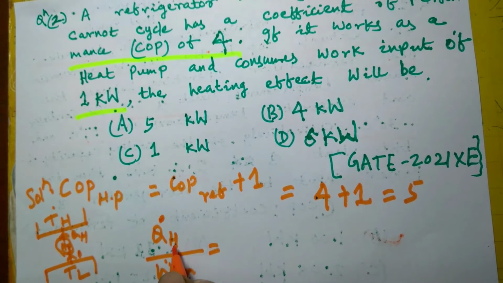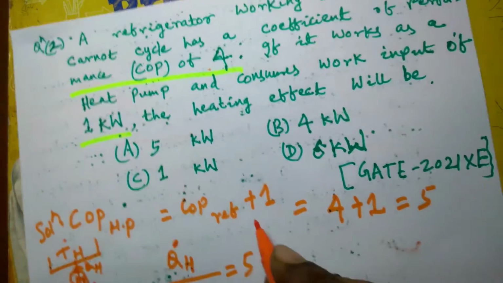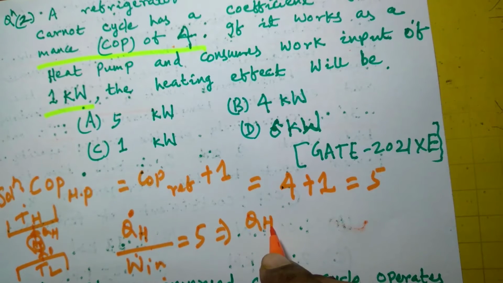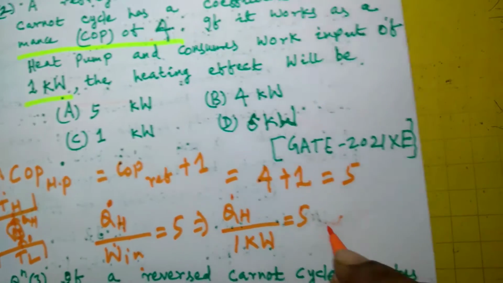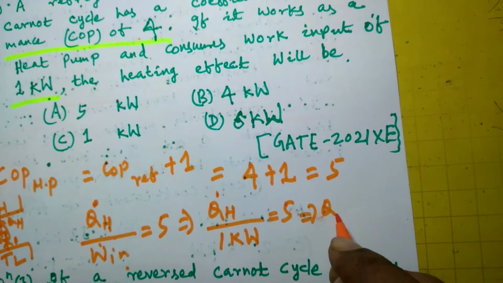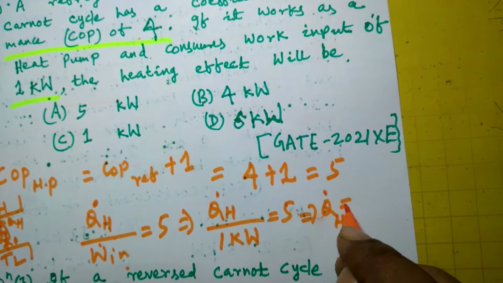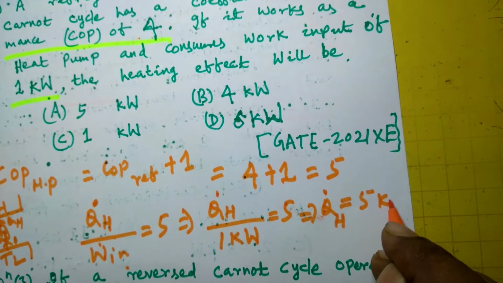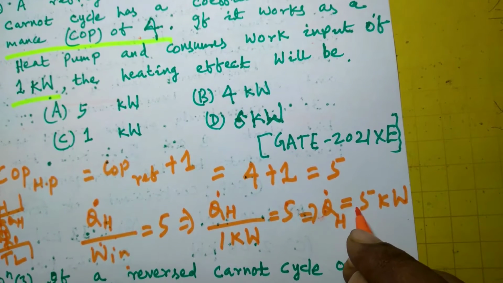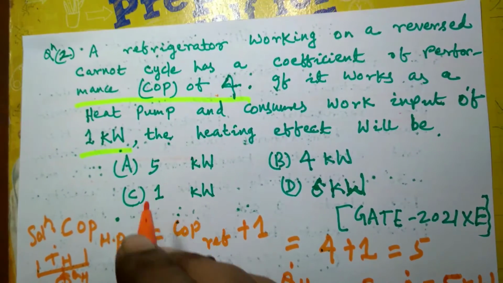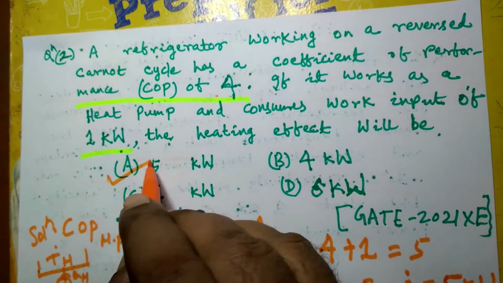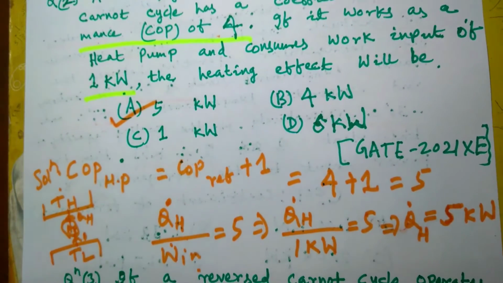So Q dot H divided by W dot in is equal to 5, and W dot in is given to be 1 kilowatt, so Q dot H, that is the heating effect, will be 5 kilowatt. From the given options, obviously 5 kilowatt, option A is the correct answer.